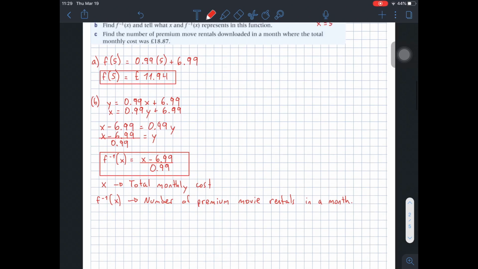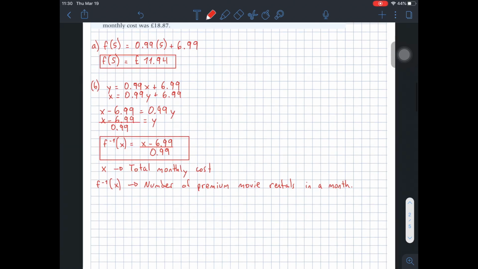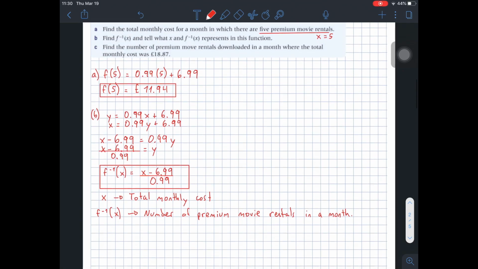So this equation would be useful if, for example, we go to the cashier and the cashier tells us the total cost is, I don't know, 20 pounds. So you want to think, how many movies did I rent that month? So you're going to substitute x with 20, and then you're going to calculate how many premium movies you rented that month.